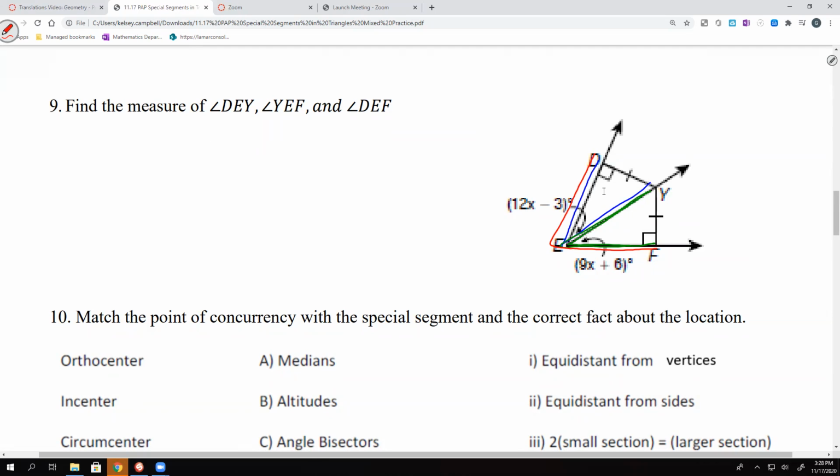Y'all see these right angles here? And also the fact that these ones are congruent. That means your two angles are congruent. So you just set them equal, and then you plug in. So 12x minus 3 will be equal to 9x plus 6. Okay, you're going to solve this for x.